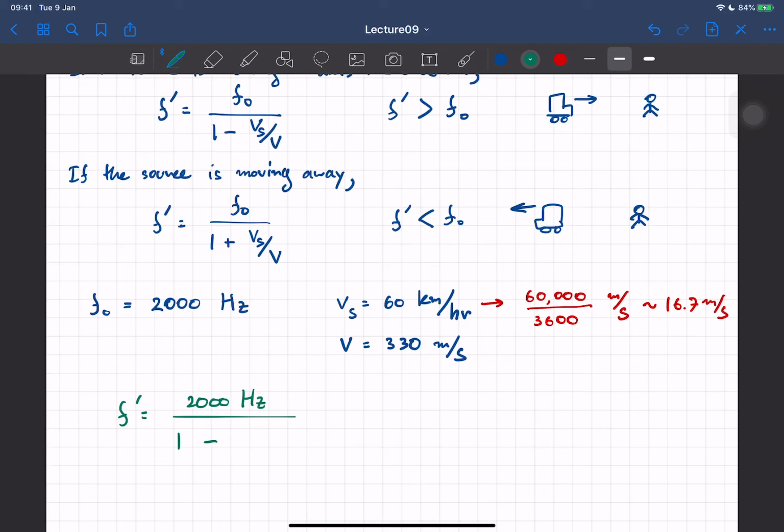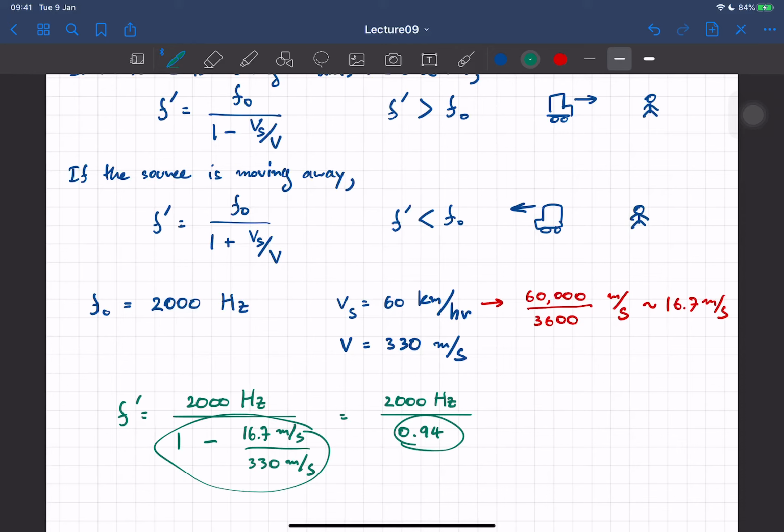So it's 1 minus Vs, which is 16.7 meters per second, divided by the speed of sound, which is 330 meters per second, right? I'm not going to punch in the whole equation first because I want you to see the factor down here. So the factor down here is going to be about 0.94.